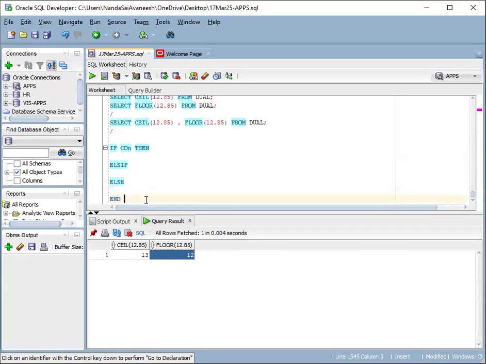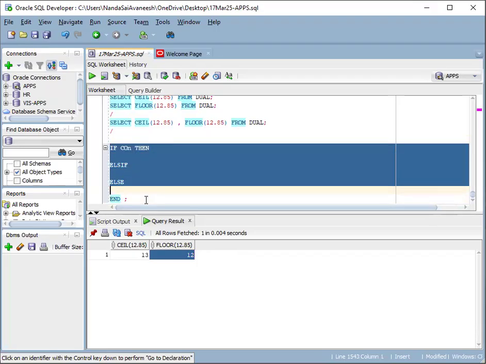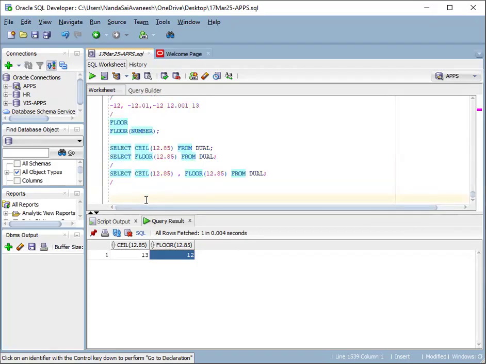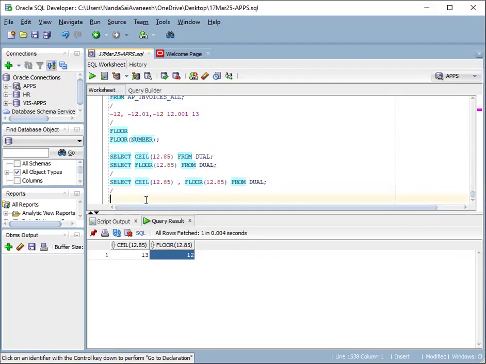Again, here and also here you have to write end if in some functions. These are the differences between MS SQL and Oracle SQL, and the same way between Oracle SQL and MySQL. So we should be careful while using these syntaxes.